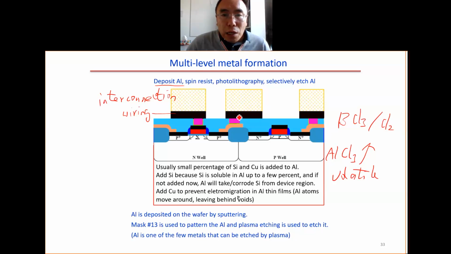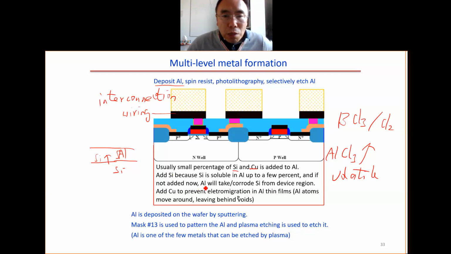Usually the aluminum is not pure aluminum. We add a little bit of silicon, so we have a small percentage of silicon and copper in the aluminum. For the silicon: if we have aluminum on top of silicon, then at high temperature the silicon can get into the aluminum.